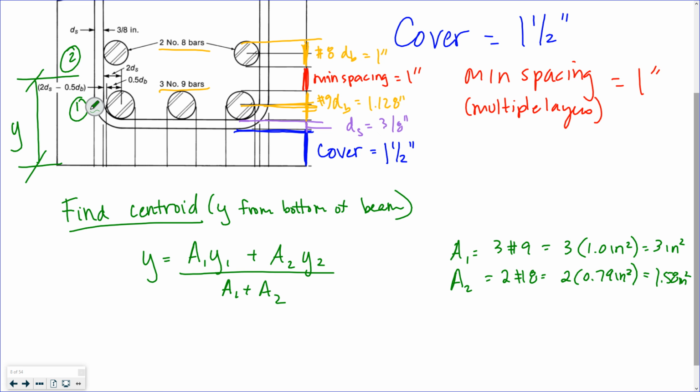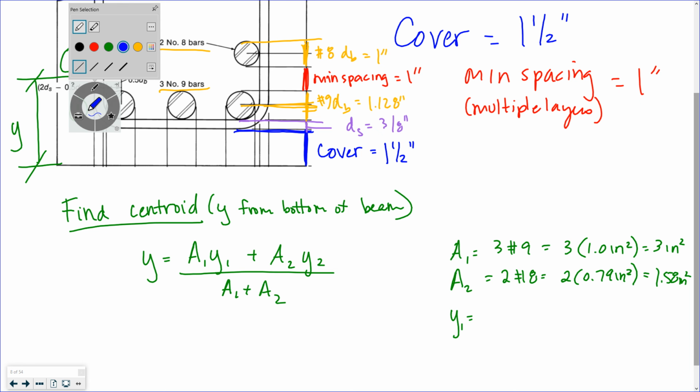The distance from the bottom to the center of layer 1 is your cover plus your stirrup plus half of number 9, right?